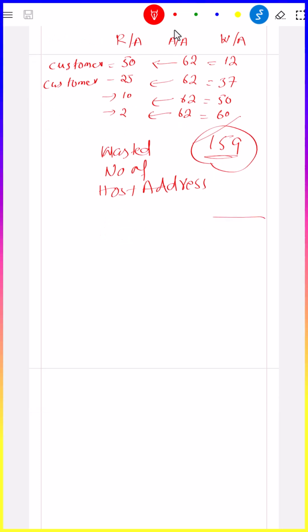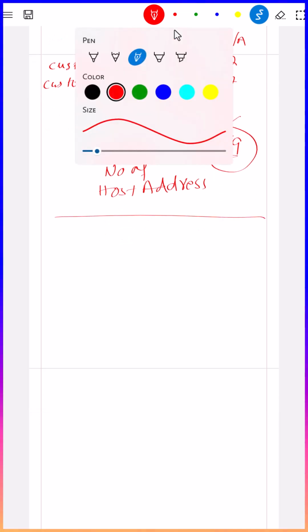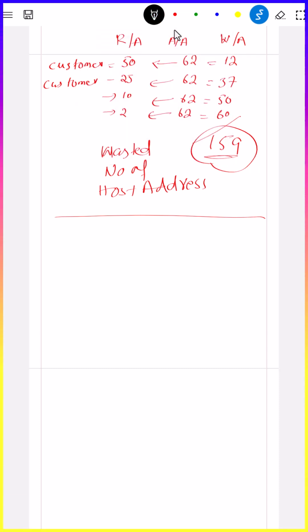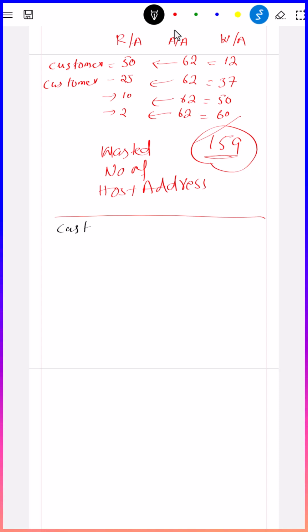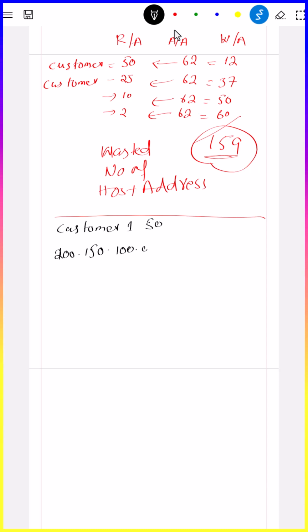Okay, required number is what? Customer 1 is required host 50. Okay, so our IP address is 200.150.100.0. So here I will take what? /26. /26 will give me what?